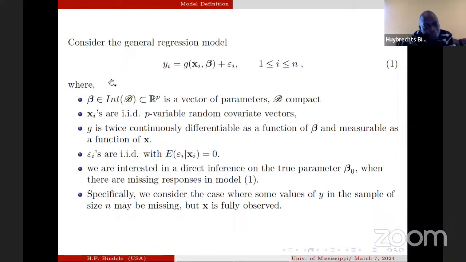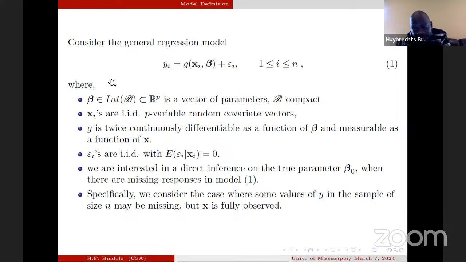Missing at random, in fact, means the missingness of an outcome can only happen with respect to some fully observed covariate. Whenever we have a regression model, you have a response and covariates. So if the missingness of a response is dictated by some covariate, we say that we have missing at random.